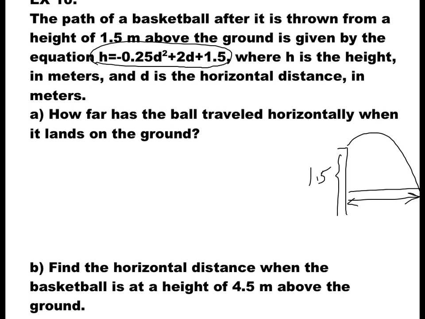Now, the d-intercepts are when h is equal to 0. So I have to solve negative 0.25 d squared plus 2d plus 1.5 equals 0.